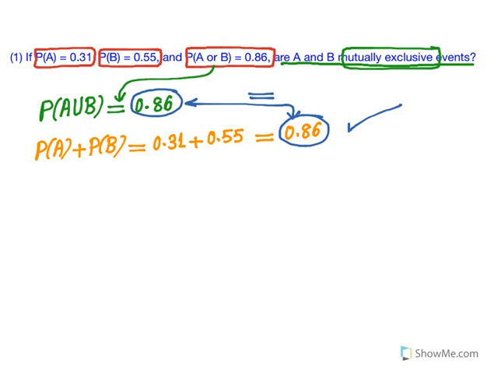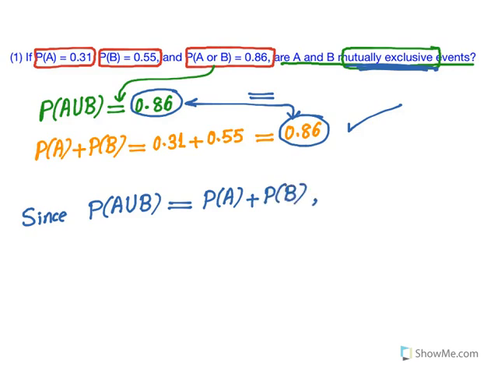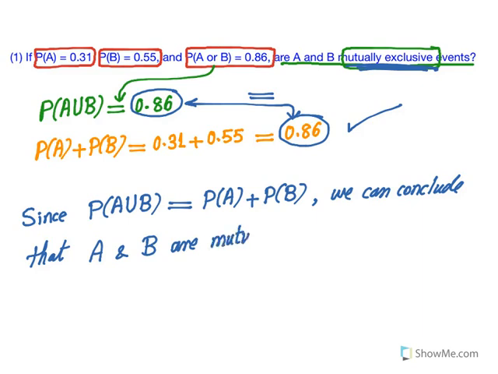And notice that these two numbers turn out to be equal. So yes, this means they are mutually exclusive. So you can say, since the probability of A or B turned out to be the same as the probability of A plus the probability of B, we can conclude that A and B are indeed mutually exclusive events.